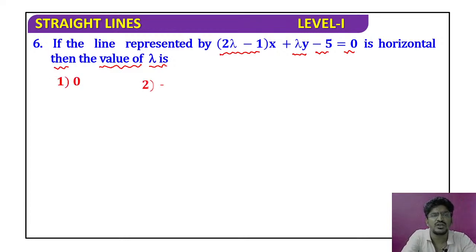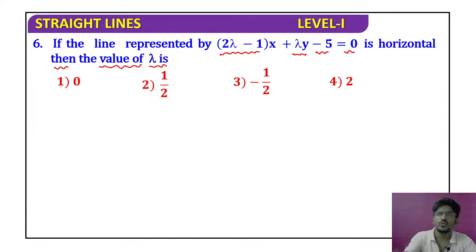Option 1 is 0, option 2 is 1 by 2, option 3 is minus 1 by 2, option 4 is 2.